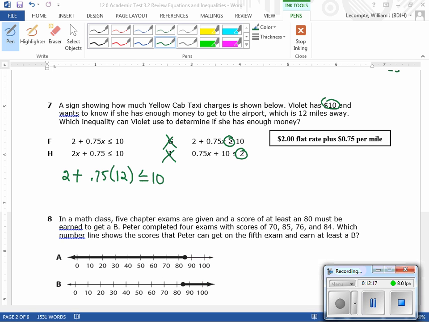And if I add $2 to that, is that less than or equal to 10? I would say no. So which inequality can Violet use to determine if she has enough money? I would say that this would be the correct one, but she doesn't have enough money. So I'm going to choose F.